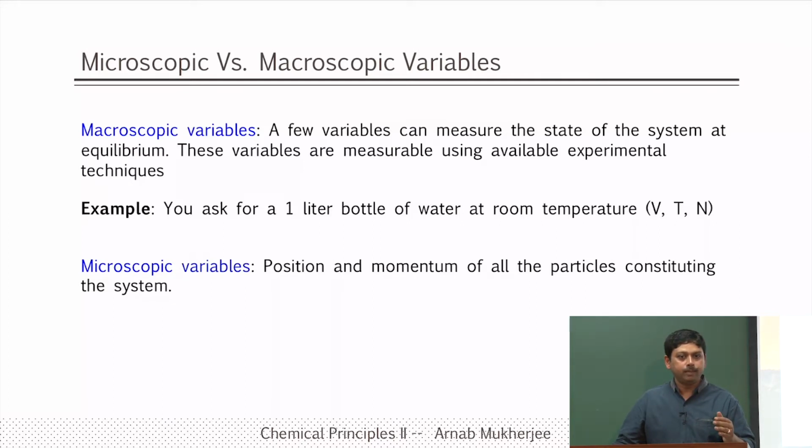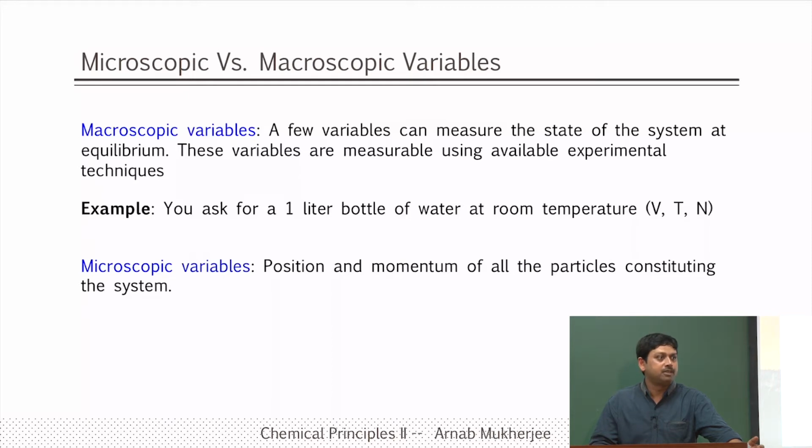Let us say 1 liter of water at room temperature and pressure typically has 55.5 moles of water, and we know that 1 mole contains 6.023 times 10 to the power 23 molecules, and in water you have 3 atoms, and then we have to specify positions x, y, z and momenta p_x, p_y, p_z.